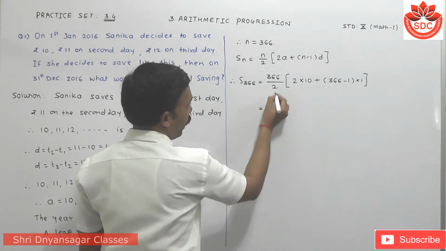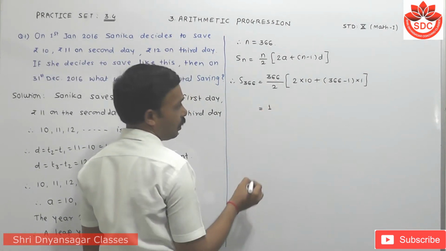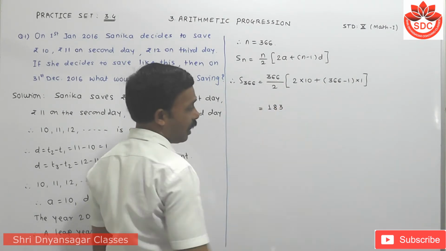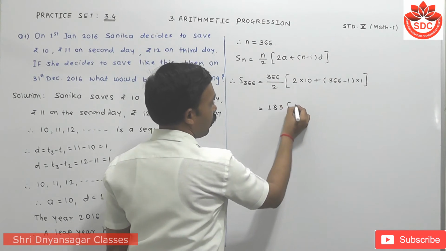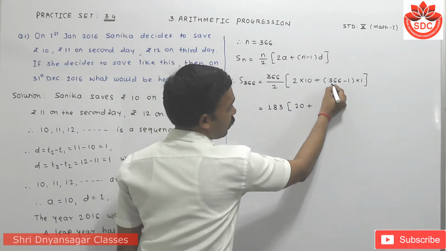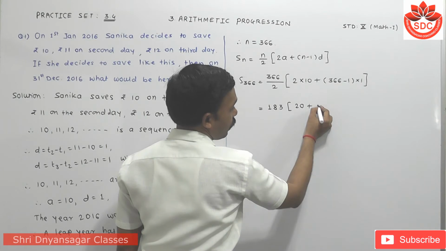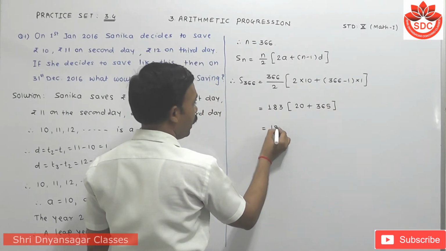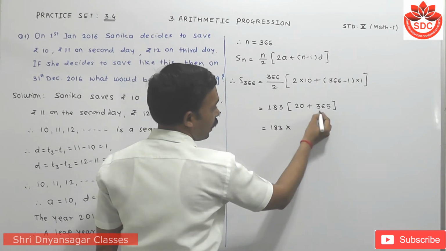When we divide it, 366 by 2 is 183. Here it is 20 plus 365 into 1, which is 365. When we add it, 183 into this addition becomes 385.